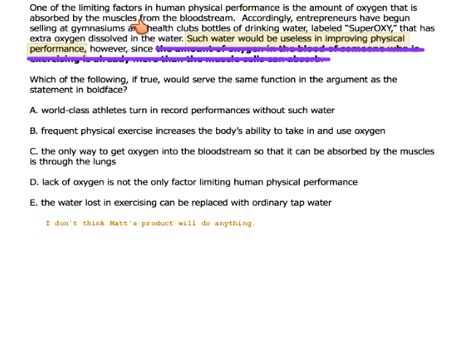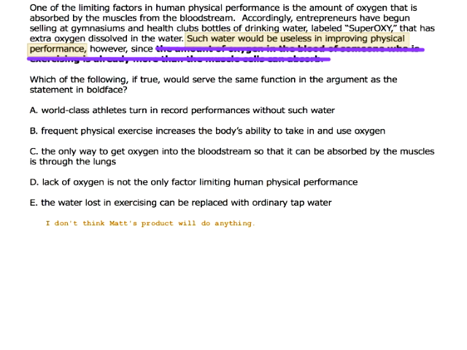So that's where we start reading from the top here. The amount of oxygen that your muscles can absorb is a limiting factor. This is a fact, so you can't say that that's not a limiting factor. And think about what that means, right? It means that if you could improve it, then you would definitely improve your performance.